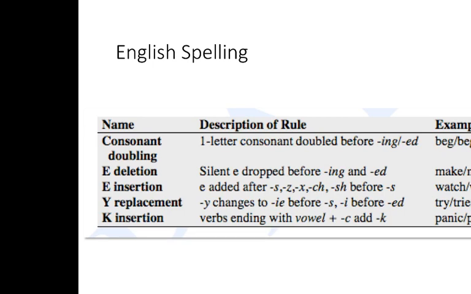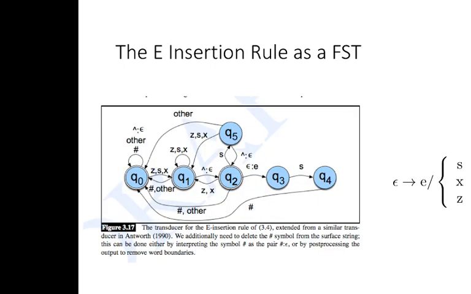And you have similar problems with E deletion, E insertion, Y replacement, and K insertion. Well, you can represent these as FSTs as well. And here's an example of the E insertion rule as an FST. This is going between the morphemic level and the orthographic level.